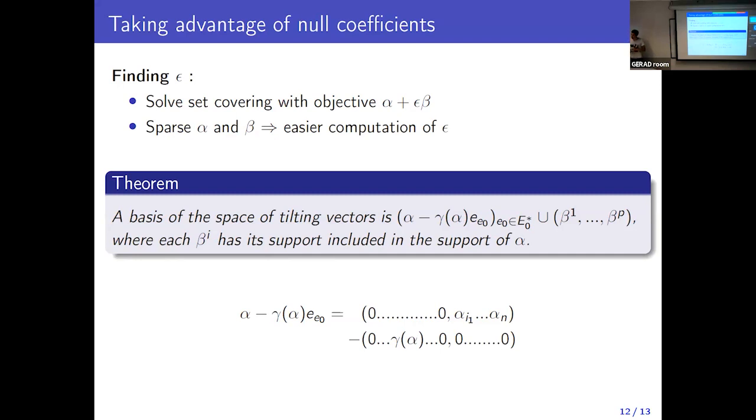And the good thing about those tilting vectors is that they do not require, as the other ones do, an iterative process to compute the tilting. They can be solved in only one set covering resolution. So in the end, you have a fast computation for all of those where the support is small. And then you have this last family where the computation of the tilting is a bit faster, and you only increase the support by 1 every time. So you can stop when it gets a bit too hard.